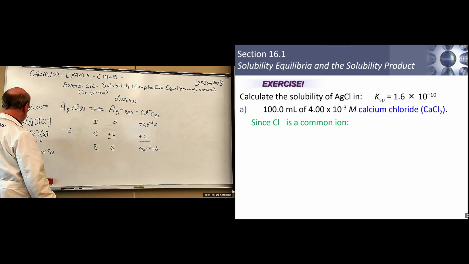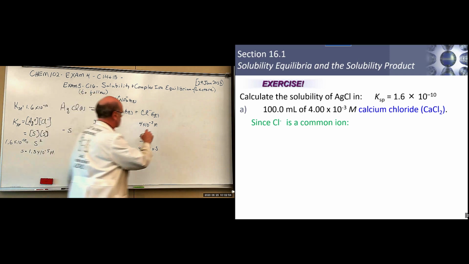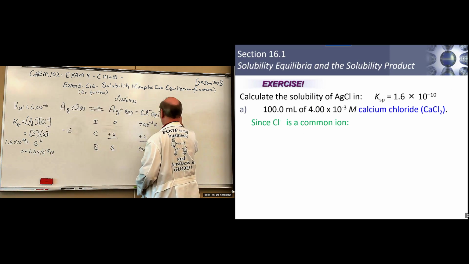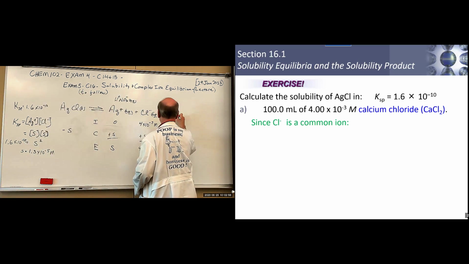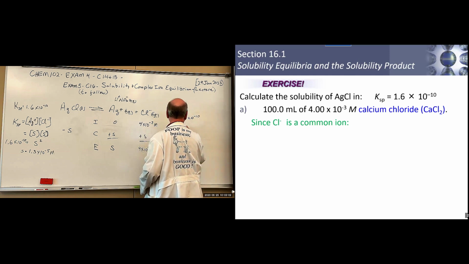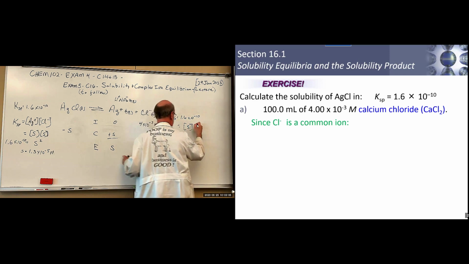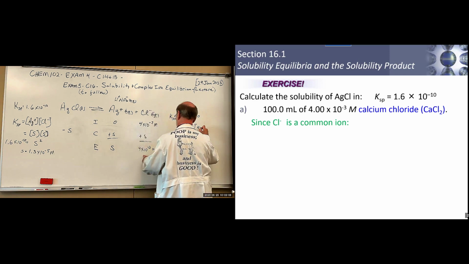So now if we set up the problem here, I better do it over here. So the KSP is equal to 1.6 times 10 to the minus 10. And that's equal to this value times this value, 4 times 10 to the minus 3 plus S.